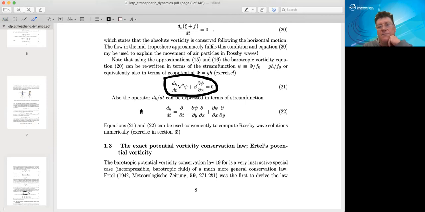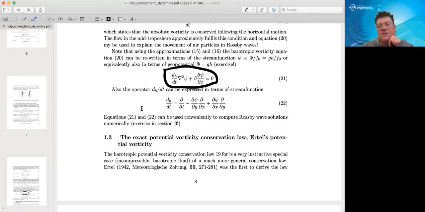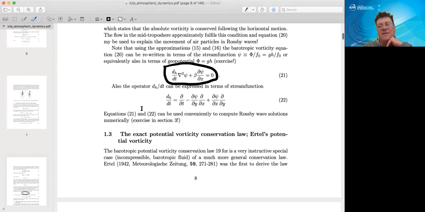Or we derive this equation for the barotropic case, actually, where we have an incompressible fluid.